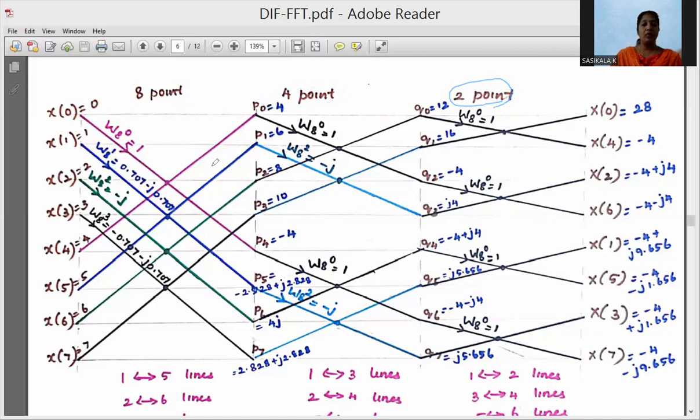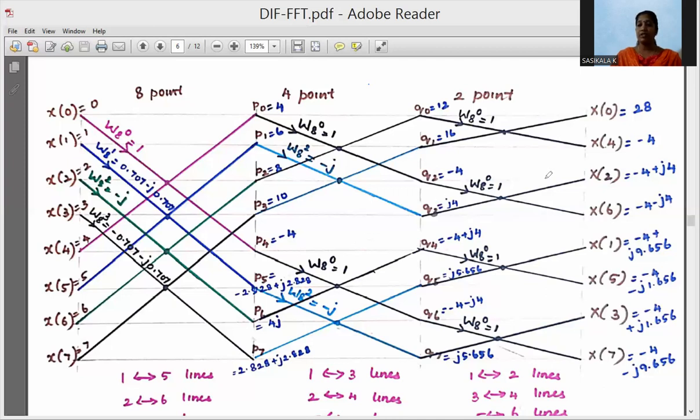Now you need to write the input values. The input sequence should be written in the original order: x of 0, x of 1, x of 2, x of 3, x of 4, x of 5, x of 6 and x of 7. Whereas the output is written in the bit reversal order.